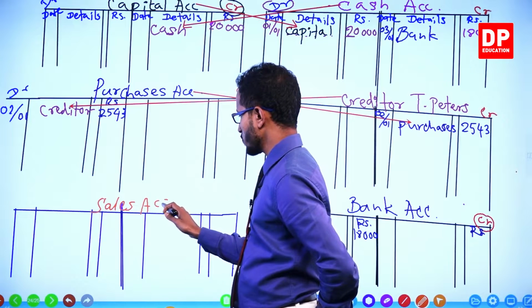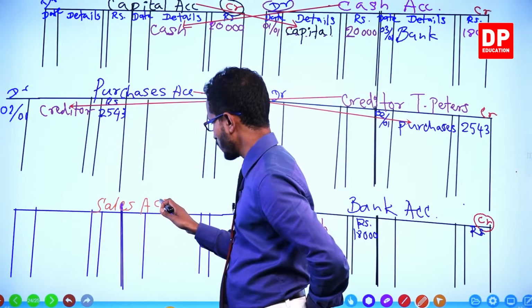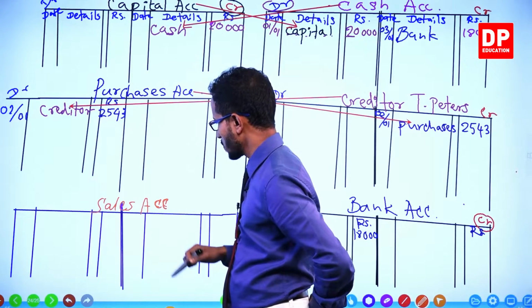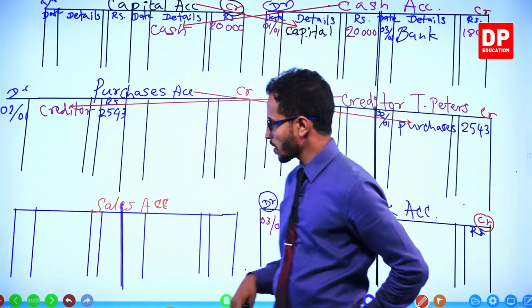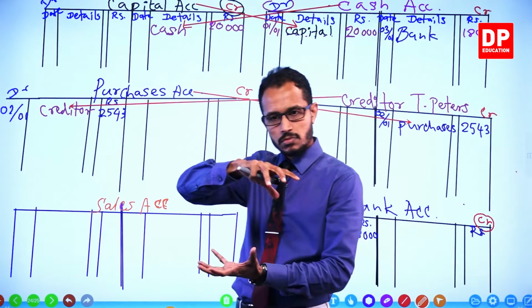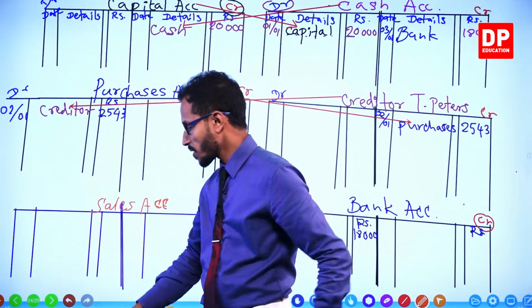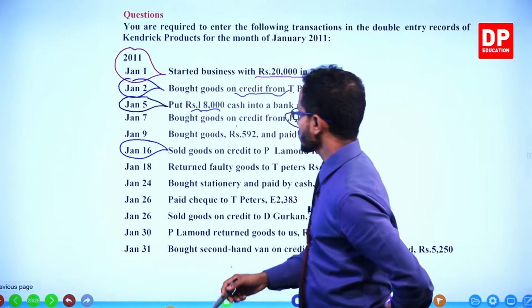Sales account. We draw this for selling of goods. Selling of goods, sales account. Okay? And it should be credited. Why? Because outs are always credited. Let's check the amount.